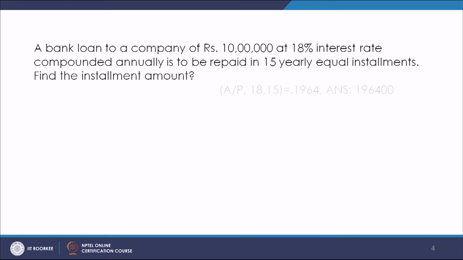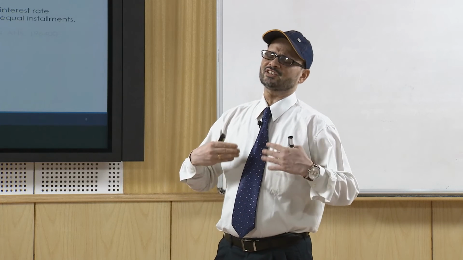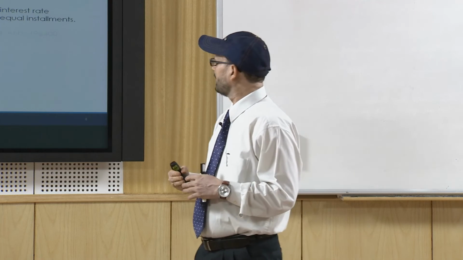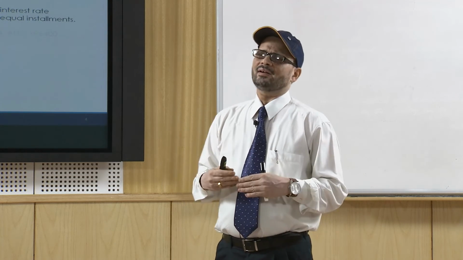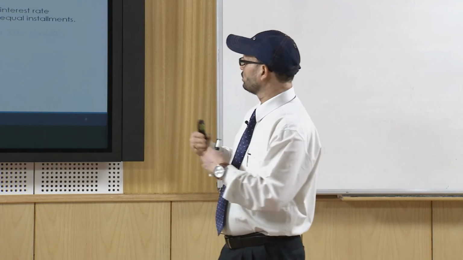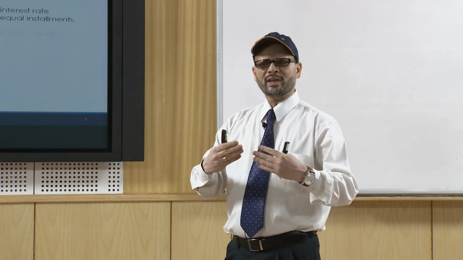We will move to our next problem. The next problem is that a bank loan to a company of rupees 10 lakh at 18% interest rate compounded annually is to be repaid in 15 yearly equal installments. Find the installment amount. Basically, we come across such cases in our everyday life. We take a loan and we pay, basically month end, but suppose we are supposed to pay year end.